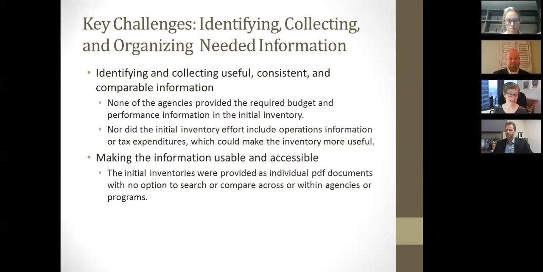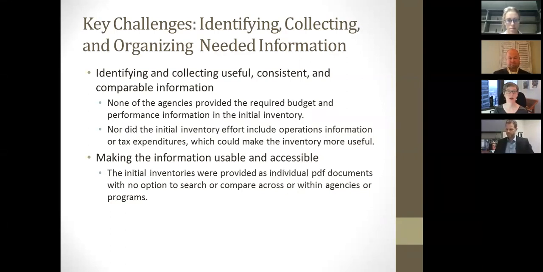And then lastly, once you collect these things for the programs you found, you need then to present it in a way that's useful. And the first inventory is still online now, and it is 24 separate PDF documents.